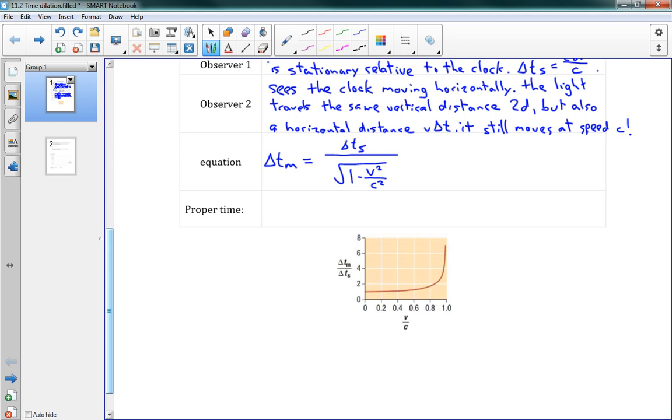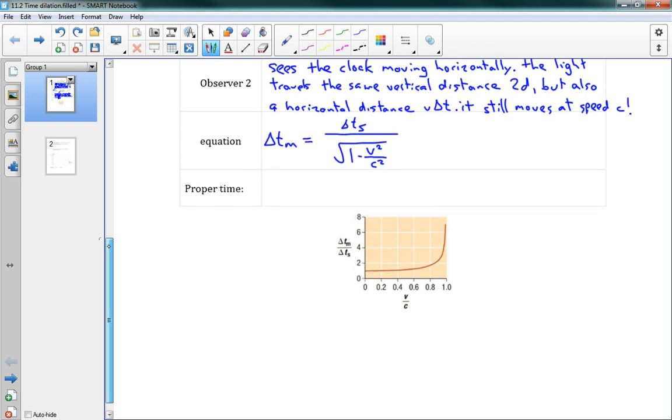And the whole derivation for that is in your textbook if you want to check it out. It's a cool derivation. But there it is. There's our relationship. So from observer 2's perspective, the time seems to take this longer amount, delta Ts over root 1 minus v squared over c squared.